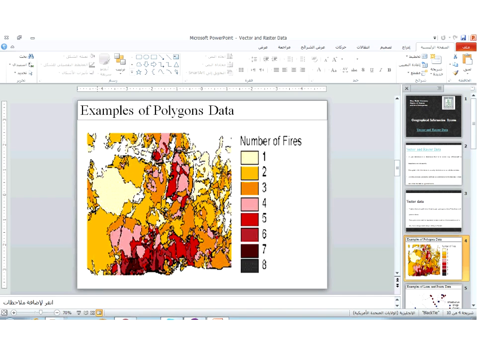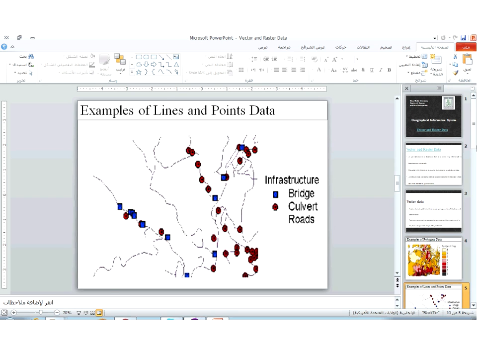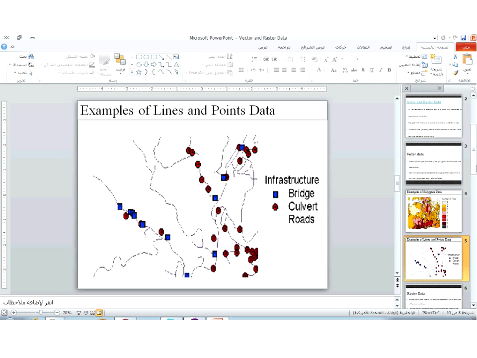This map is an example of polygon data, which is represented with different colors, ranging from 1 to 8. Each color represents a different polygon with a different shape. Also, the second map here displays the lines and polylines of this map and some points which represent, for example, a well and sometimes a city.